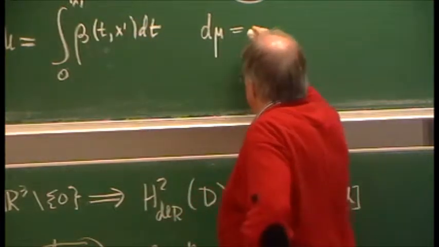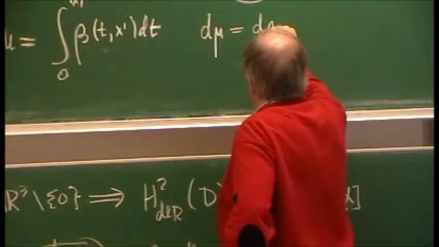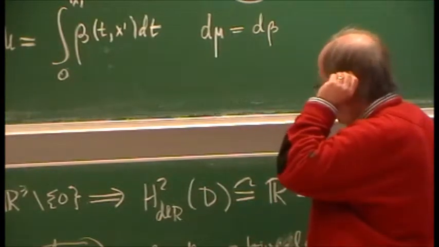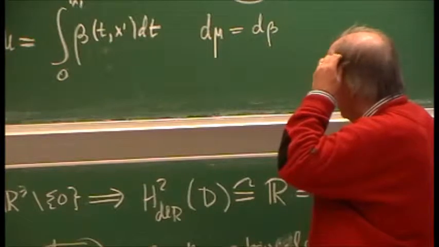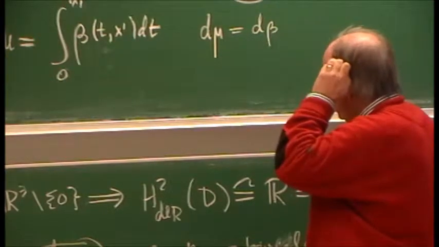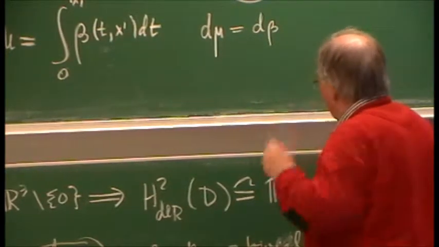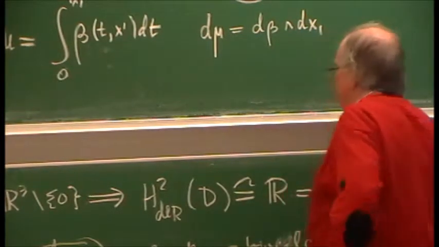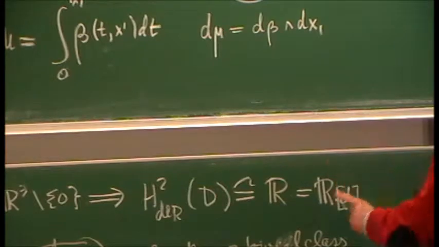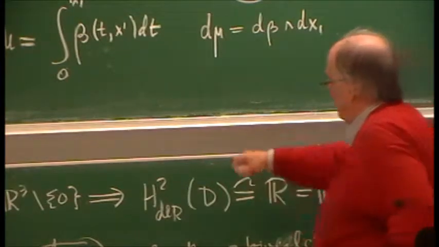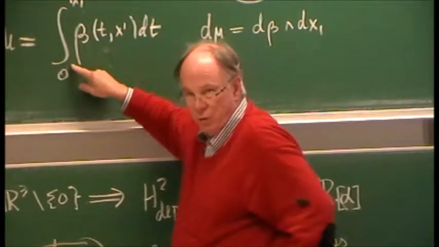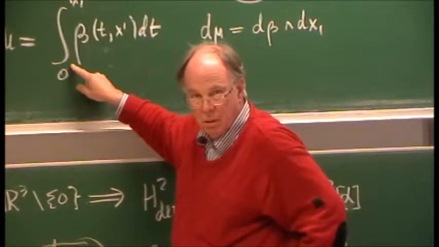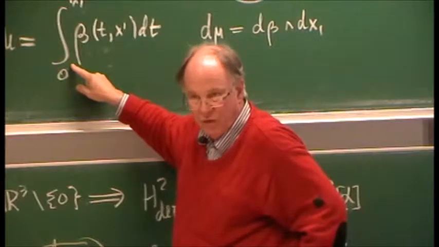This is d beta, d of this is d beta, I hope, wedge dx1, and let's see what happens. Well, that is going to be nonsense. That's only the first part if I differentiate it with respect to x1. Right? You know how to differentiate a form.